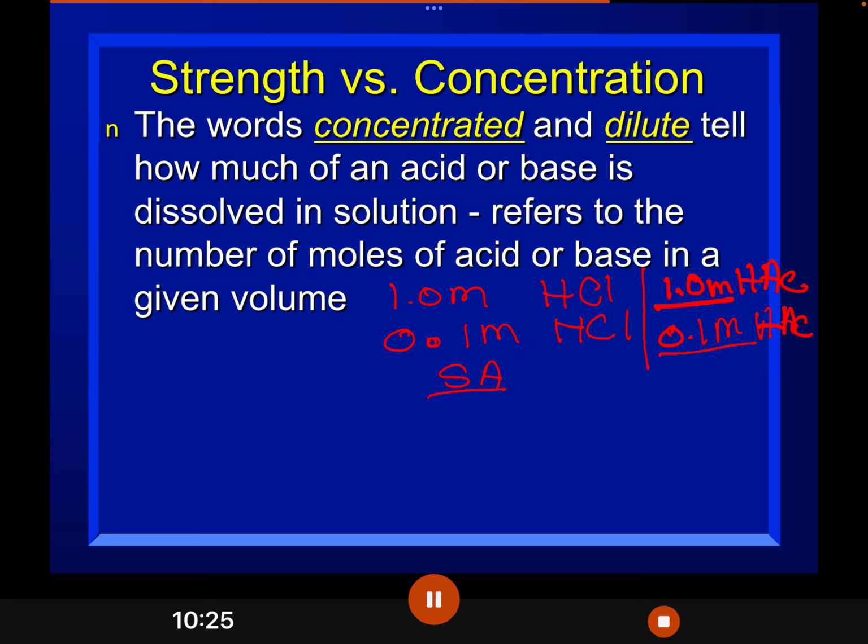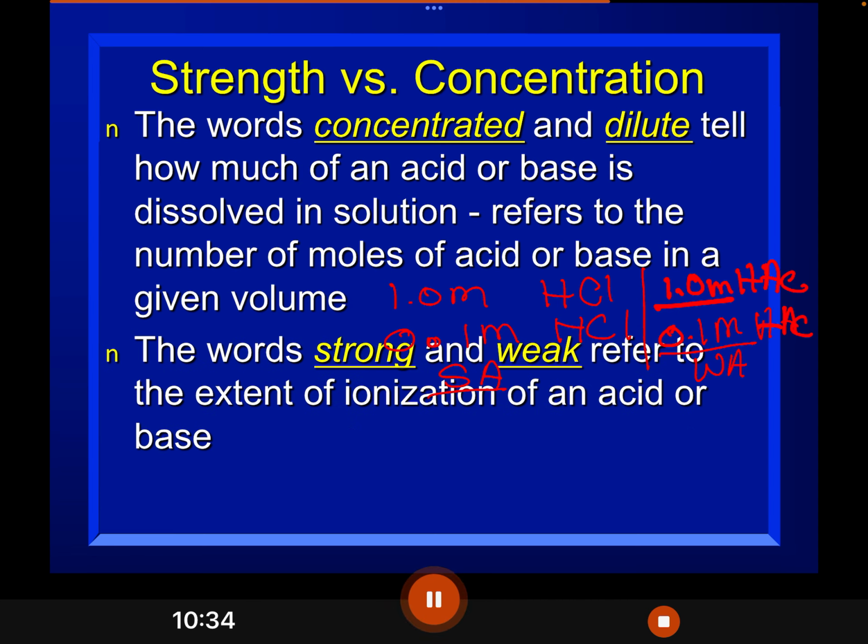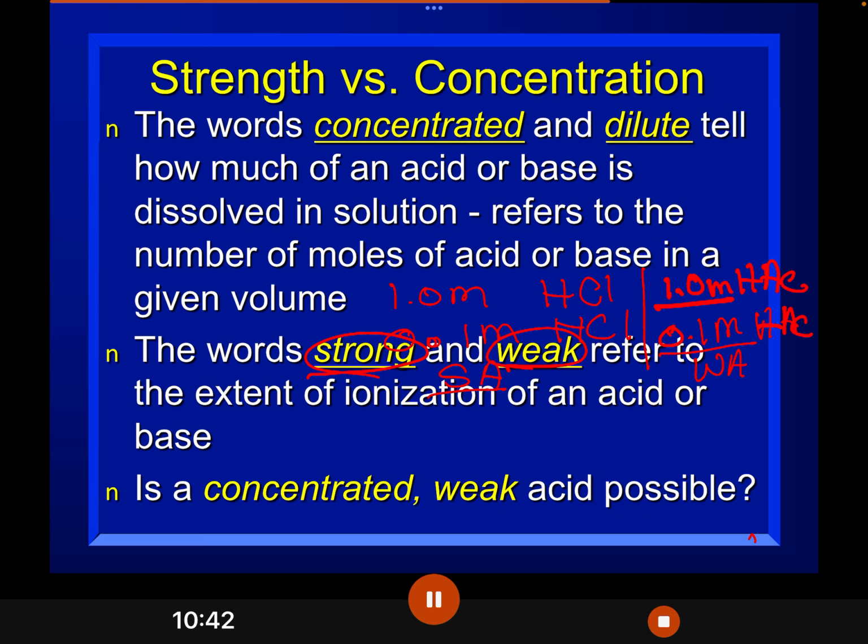Again, we have a concentrated and a dilute, and this is for a weak acid. The words strong and weak talk about the extent of ionization. Is it possible to have a concentrated weak acid? What do you think? Yes. It is.